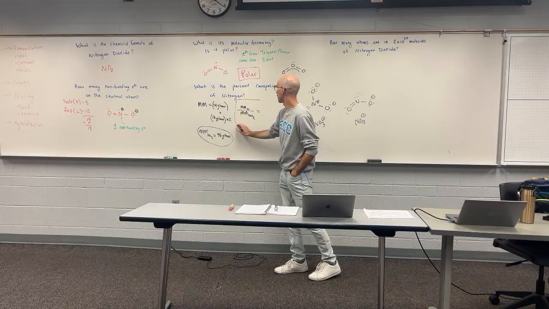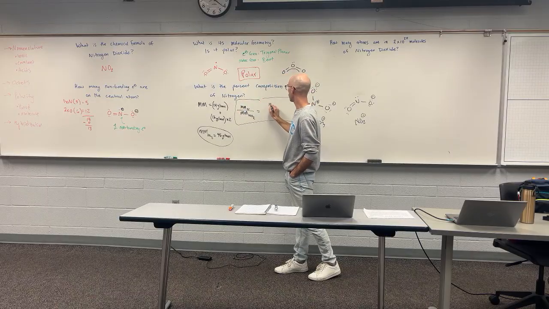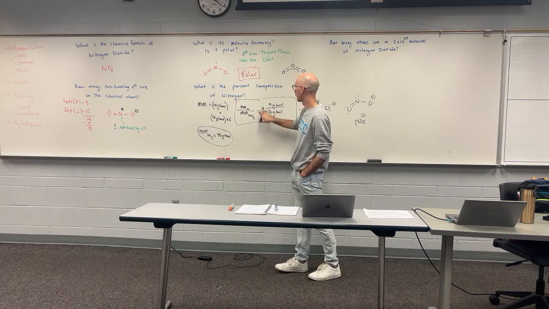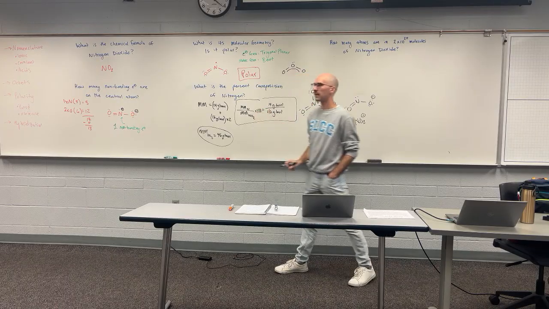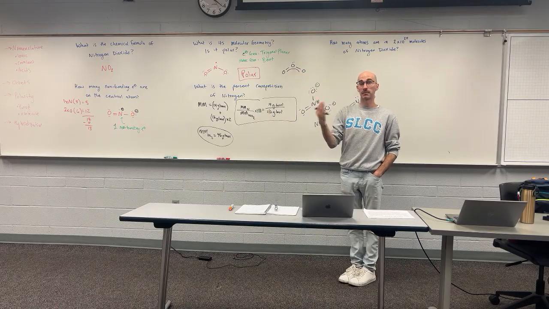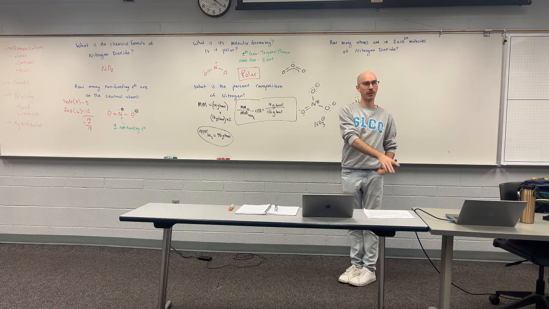So this equation then, we get 14 grams per mole divided by 46 grams per mole. I forgot a piece of this, didn't I? Times 100. Because percent is just like parts per 100 or parts per million or parts per billion.